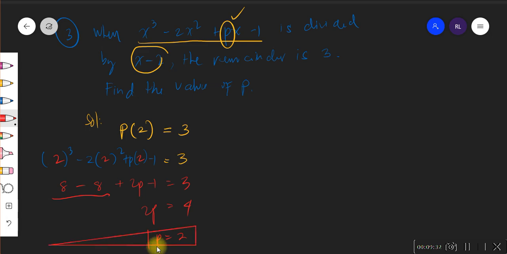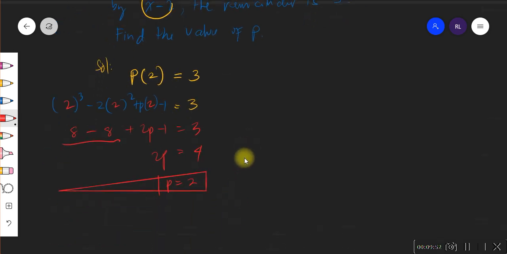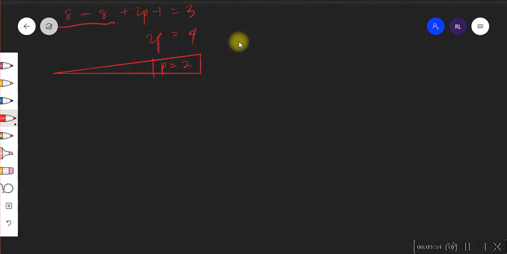The value of p is 2, such that when we divide this polynomial by x minus 2 with p equals 2, the remainder becomes 3. The next problem is a little bit higher than this. Let's say this is the number 4 problem.